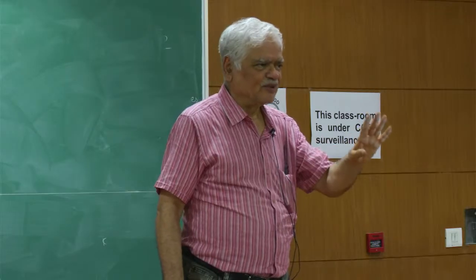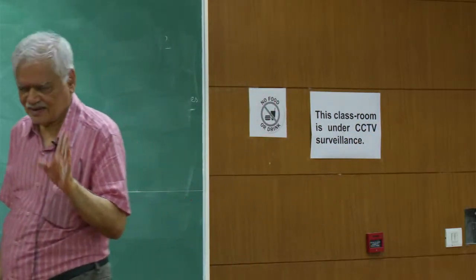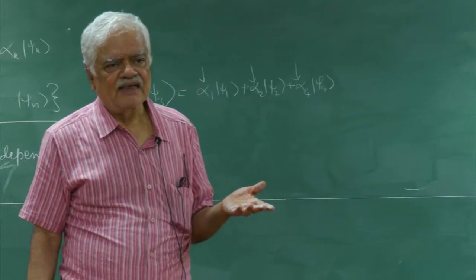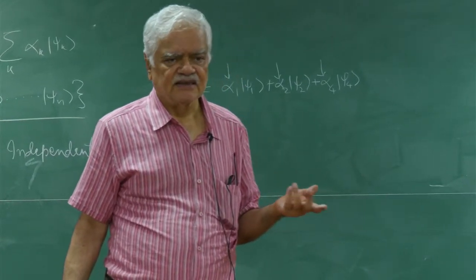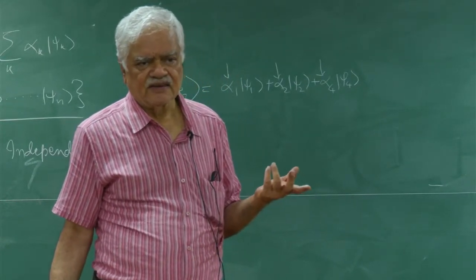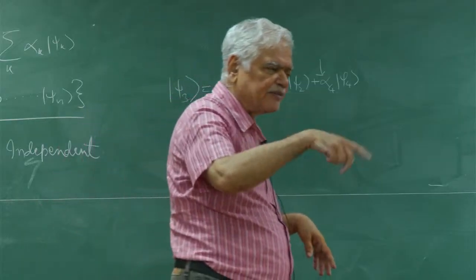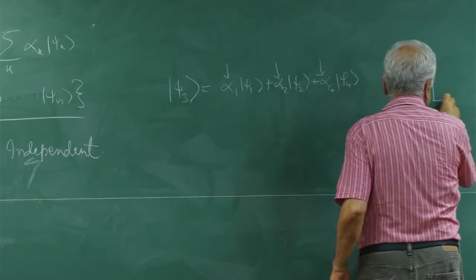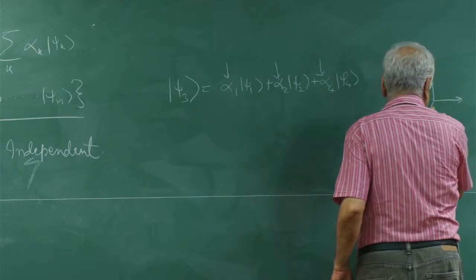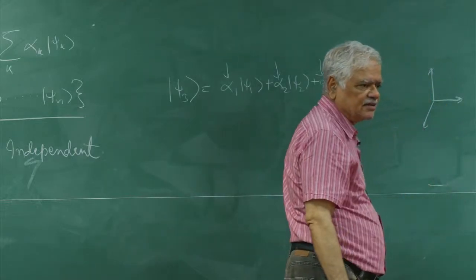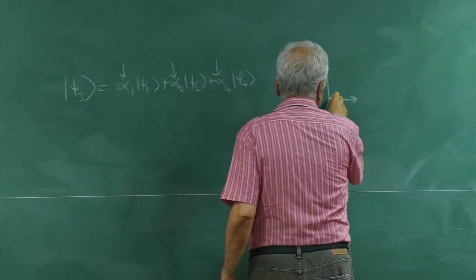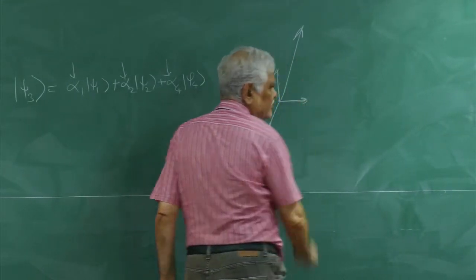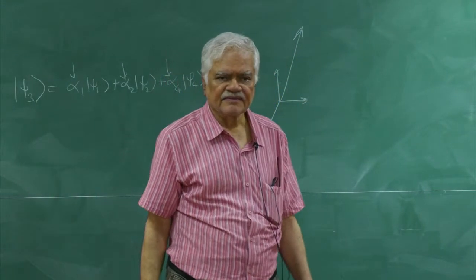Yeah, I will come to that. Such a set, he has already told, is called a basis. And in fact, there could be infinite bases. It's not unique. For example, in three-dimensional space, any three vectors like this form a basis, because I take any vector, I can write it as a linear combination of these three vectors.